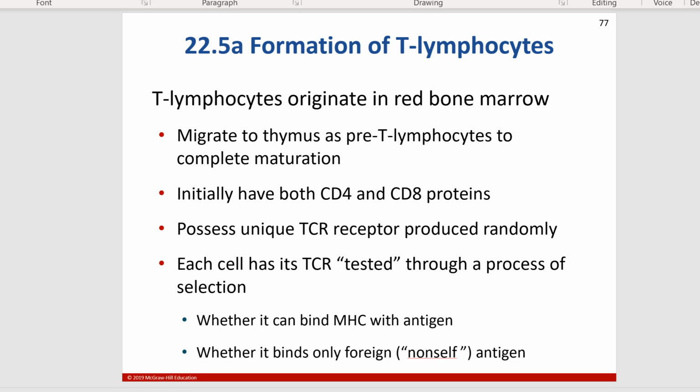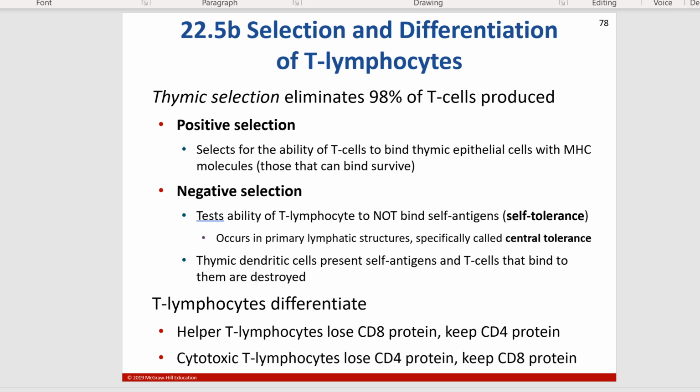T lymphocytes, like we said, originate in the bone marrow and migrate to the thymus as pre-T lymphocytes to complete maturation. Selecting T lymphocytes: thymic selection eliminates 98% of T cells produced.